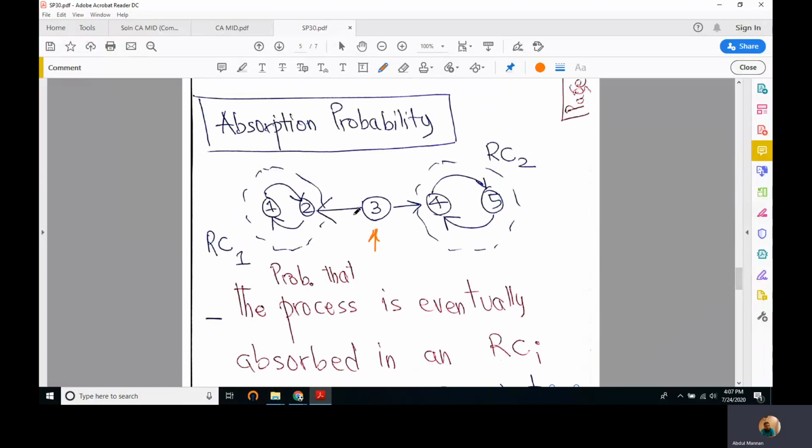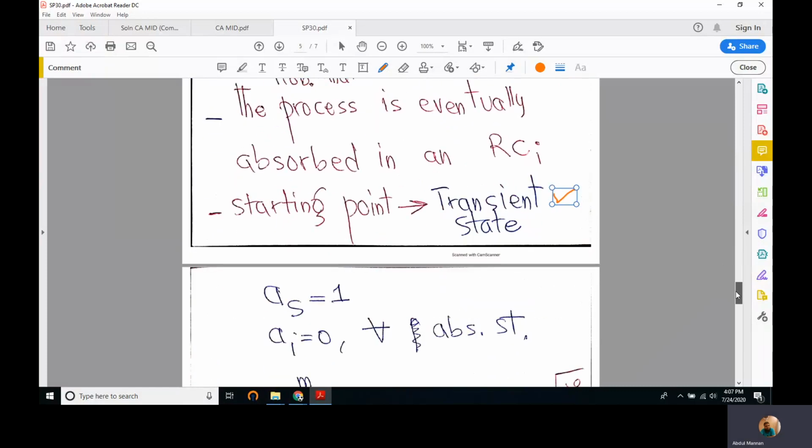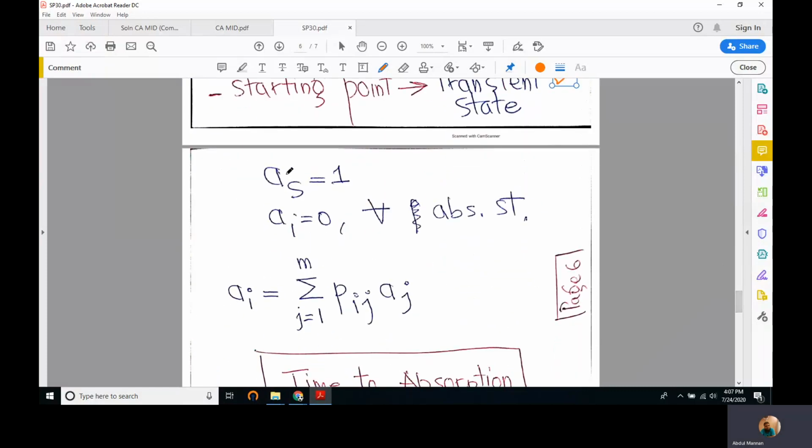And we find the probability that finally we will be in RC1 or RC2 or RC3 or any recurrent class. So for the class that we want to be in, we set AS equal to 1.